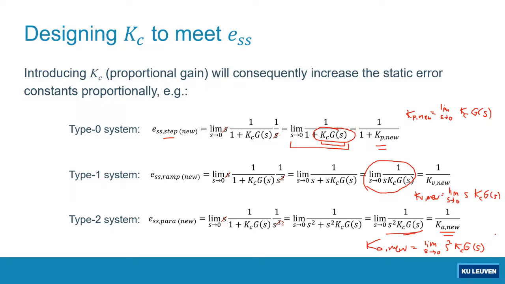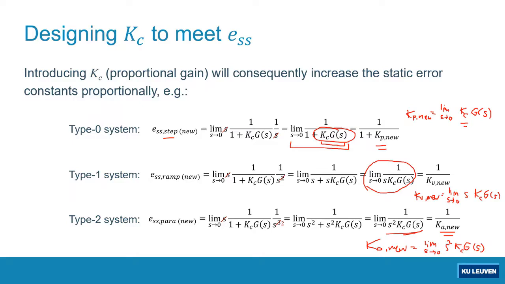What does it mean? Depending on the type number, whether it is type 0, type 1, or type 2, if I want to improve the steady state performance, let's say for a type 0 system, if I want to improve my Kp from the old Kp to the new Kp, I should be able to define how much Kc, how much proportional gain, I have to set.